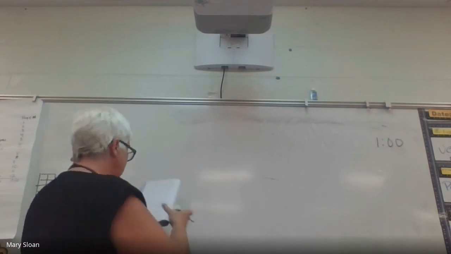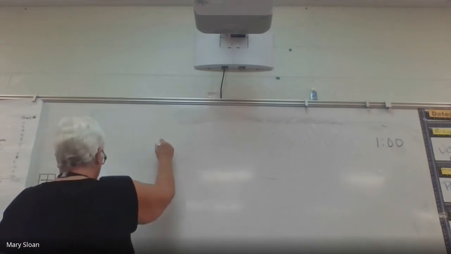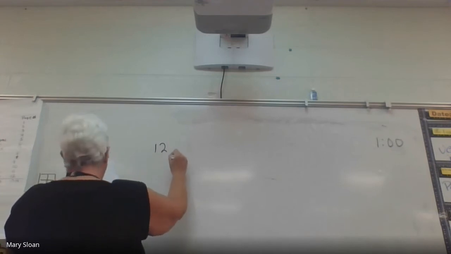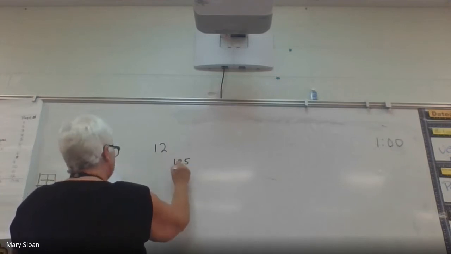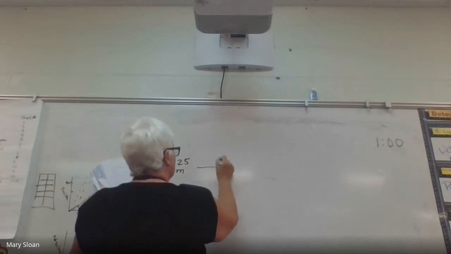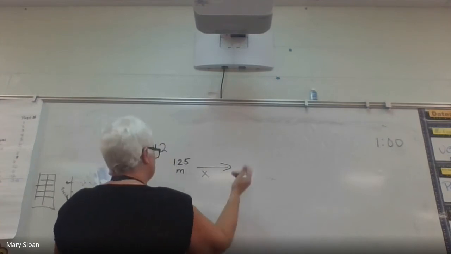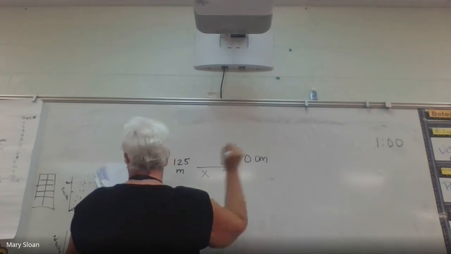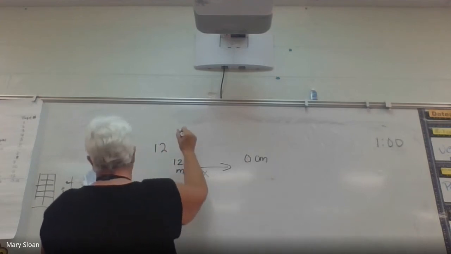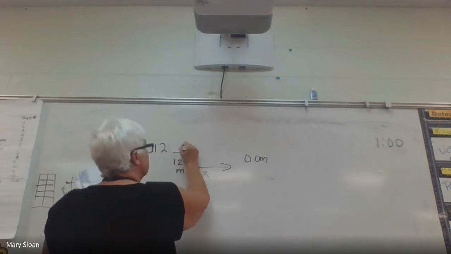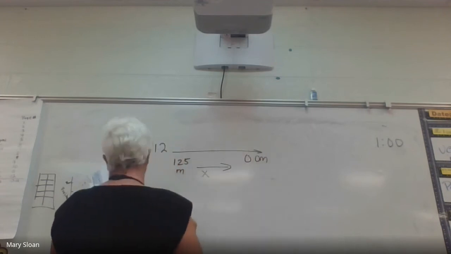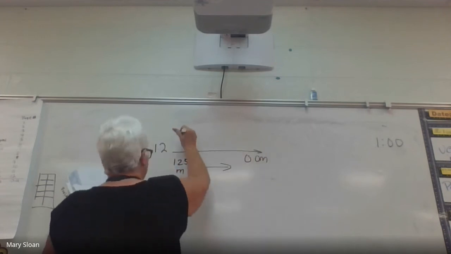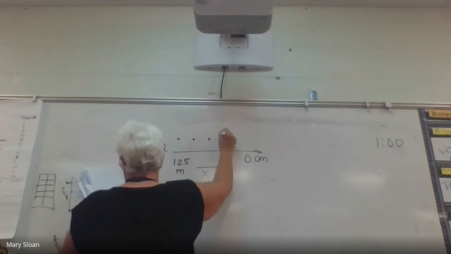On mine, for number 12, I had 125 meters. I had an X here. I had 0.0 meters, and I had a line going all the way down. Also, I had dots.